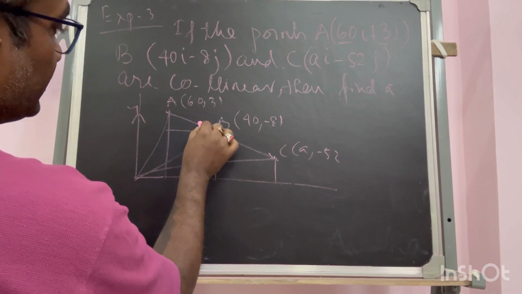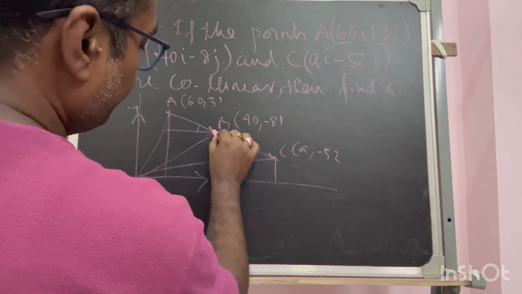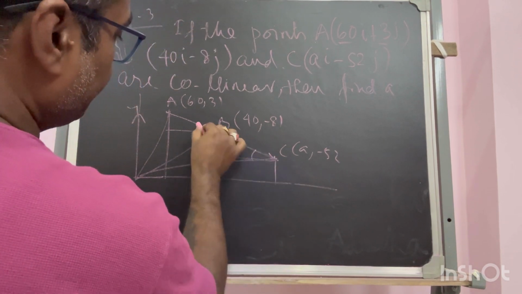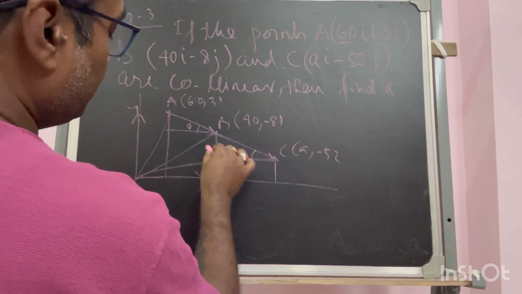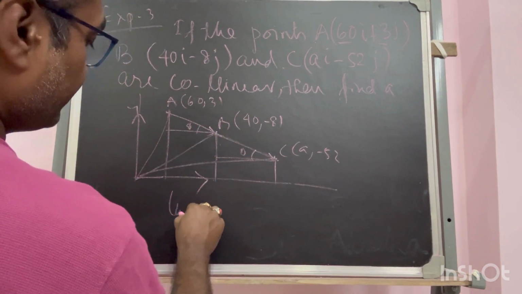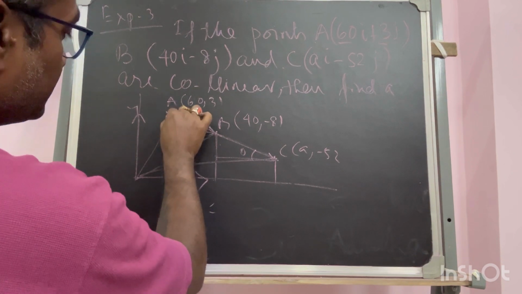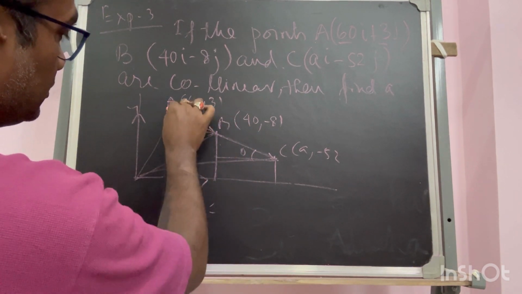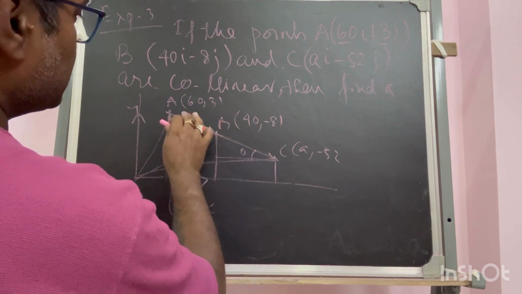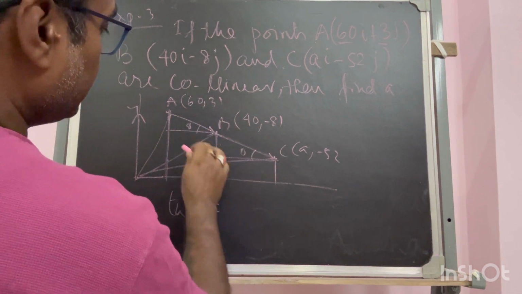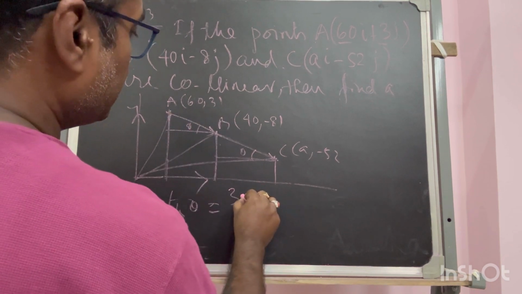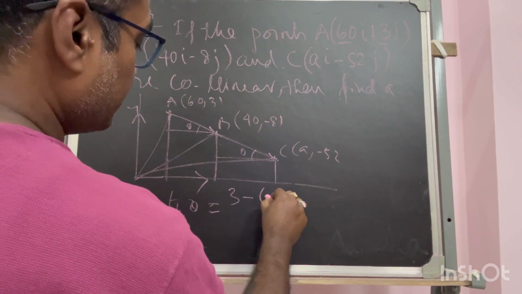If I want to get this slope and this slope, they have to be the same, theta. Now how will I get tan theta of this? It will be this minus this. If I take the y part, y minus of minus 8, that means minus 8.